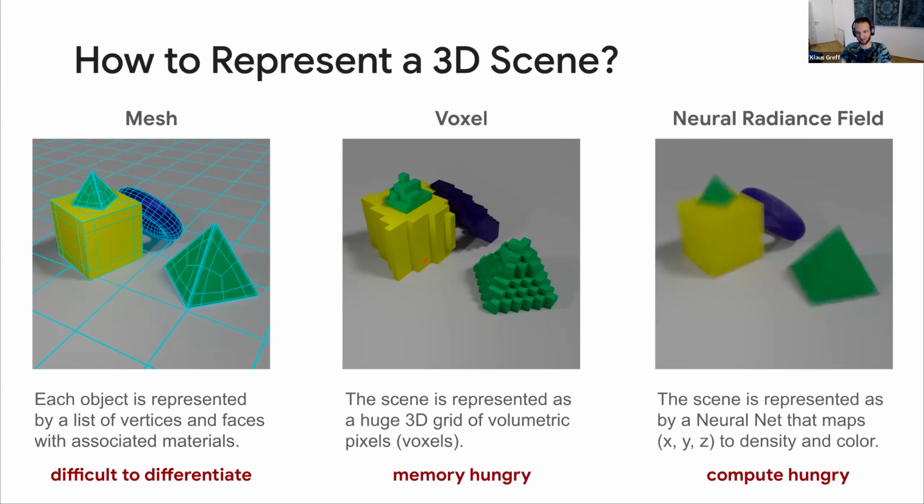One way around this that has recently become quite popular is representing a 3D scene as a neural radiance field. The idea there is essentially to, instead of having a discrete grid voxel representation of the scene, we instead represent the scene as a neural network, as a function that maps the XYZ coordinates of that space onto a density and a color.